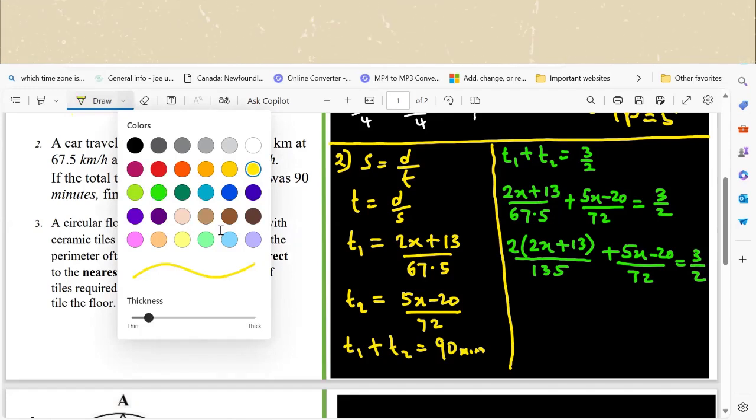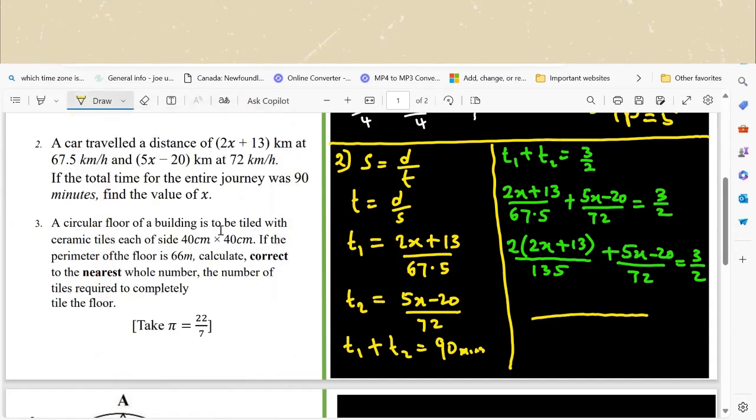Now, from there, we are going to clear these fractions by looking for the LCM. The LCM here is going to give us 1080.